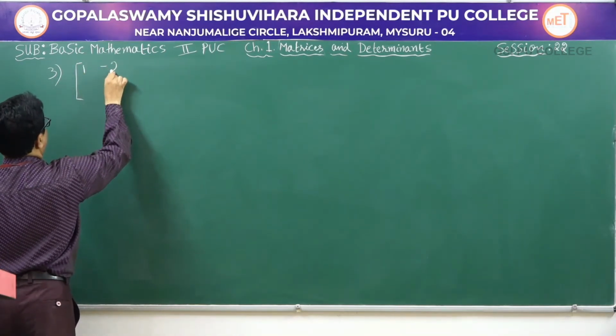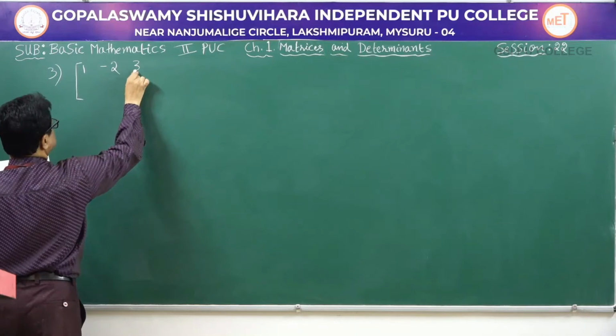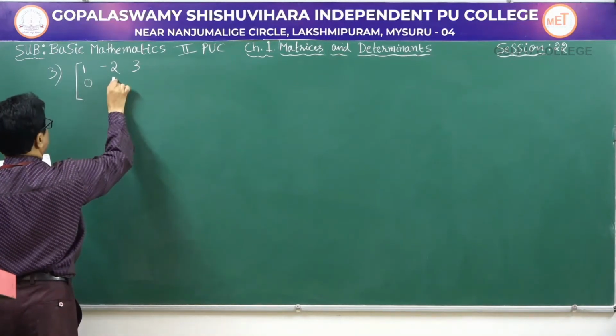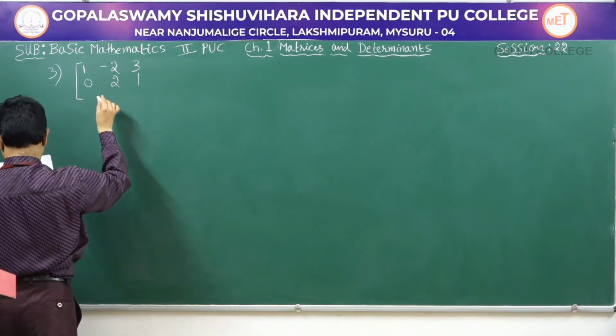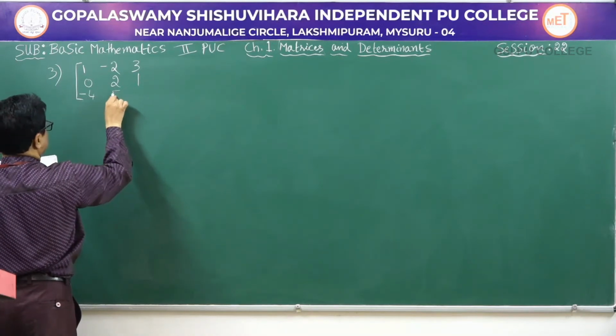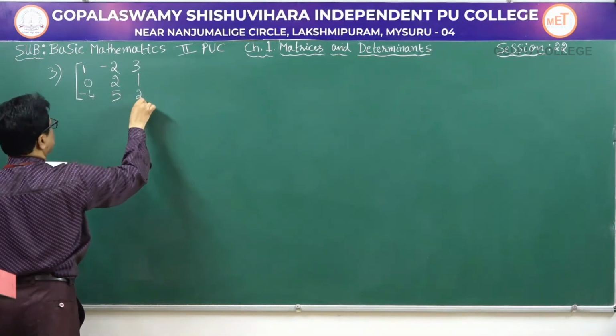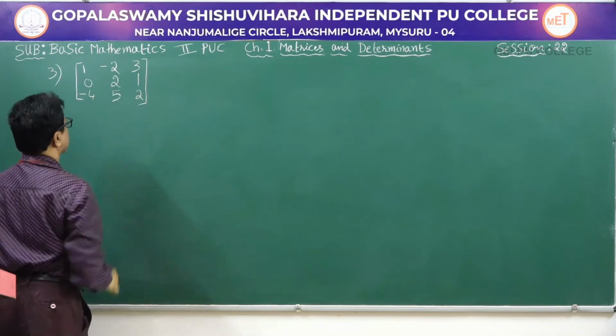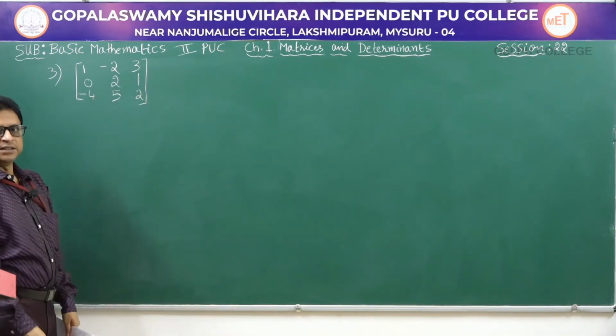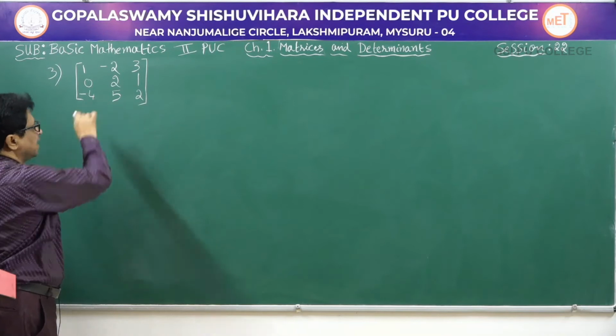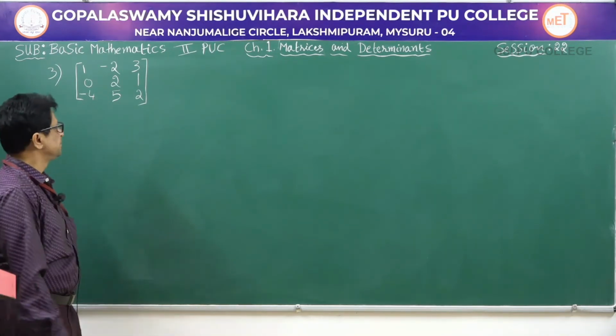Next problem: 1, minus 2, 3, 0, 2, 1, minus 4, 5, 2. So, we have to find the adjoint of a given matrix.